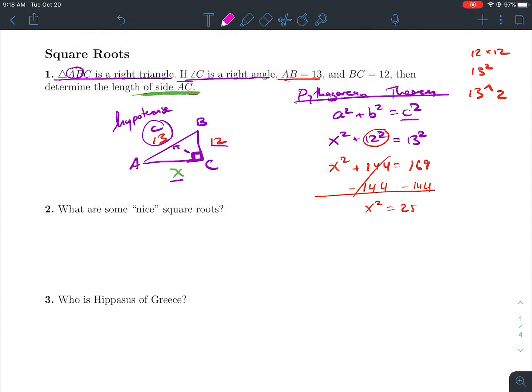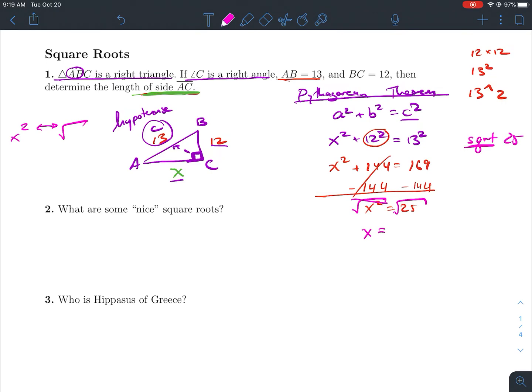Now the final step to solve for x here is to get rid of the square. And what's the opposite of squaring? Well, the opposite of squaring is square rooting. So we use the square root, and that cancels the square. But if we do square root to this side, we have to do square root to this side. So now x is equal to, and if you want to type this in on Desmos or on your calculator, you can type in like this.